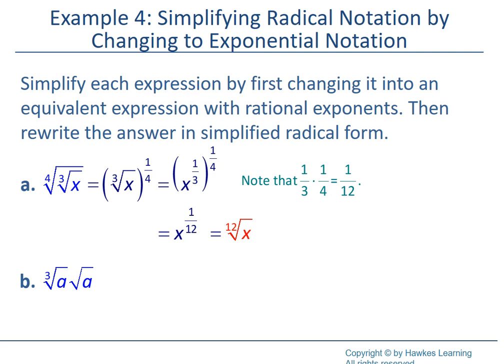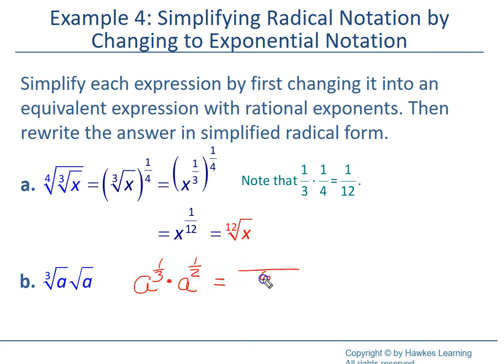Now, here, this is often why we use fractional exponents, because we're trying to figure out how to do this. Well, if we put it in its fractional exponential form, this is going to be a to the 1/3 times a to the 1/2. And again, we have common denominators.